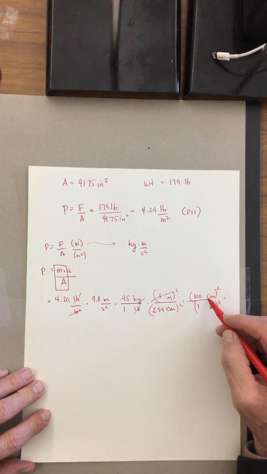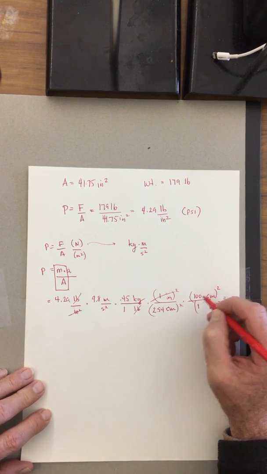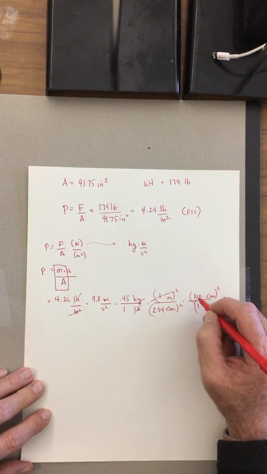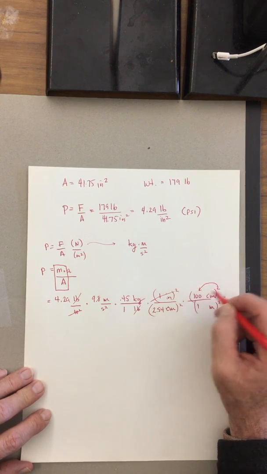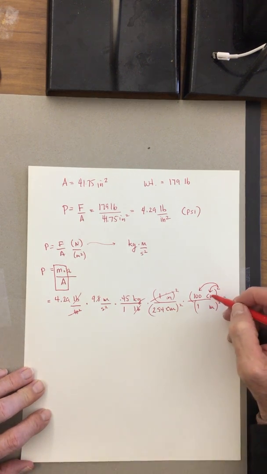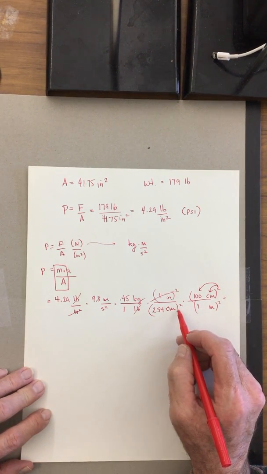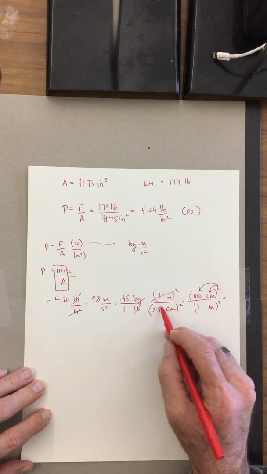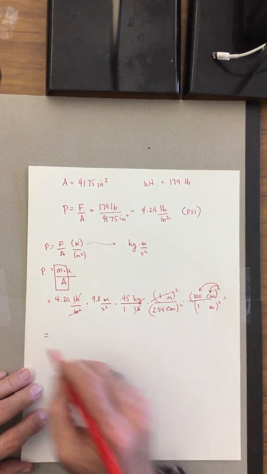I'm not going to cross off the centimeters squared because I have to remember when you're squaring these values, they have a numerical value, but they also have a unit. We're squaring the number and we're also squaring the unit. So if I crossed off the centimeters squared, I might forget that I have to apply the squared to the 100 as well. Same thing down here. We need to apply the squared to the unit as well as to the number. So take all of this and see what you guys get.